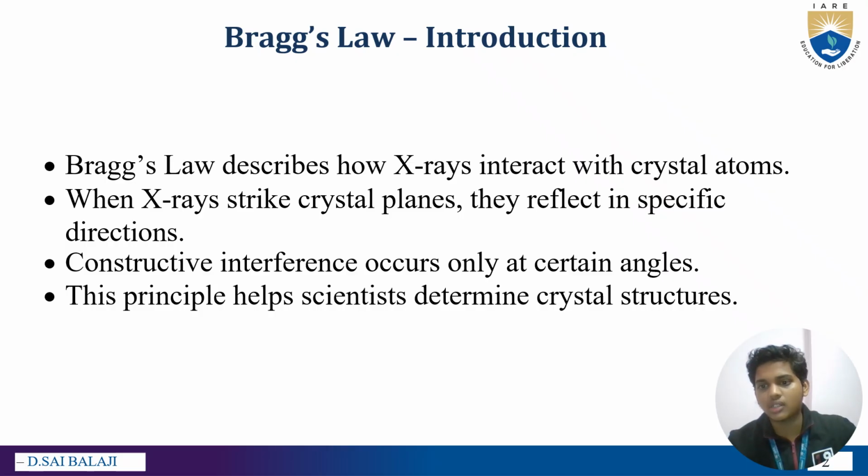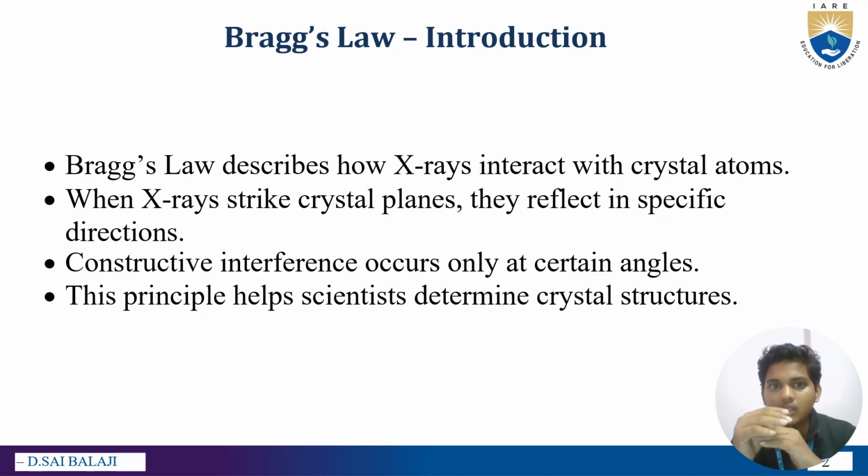When an X-ray comes into a crystal atom, after reflection it may be refracted or reflected. How much it gets diffracted from the angle of incidence, that is, the angle of incidence and angle of reflection, the difference between these two angles, is called diffraction.